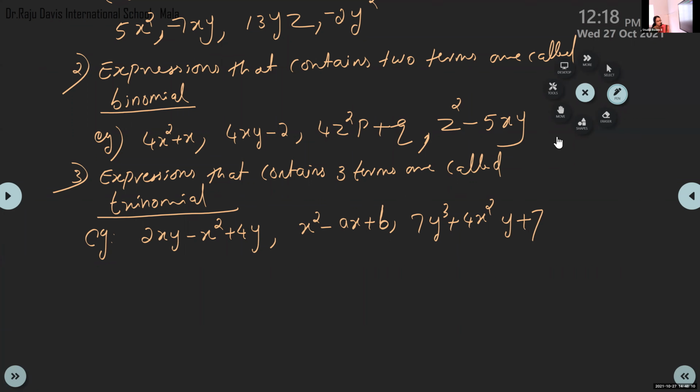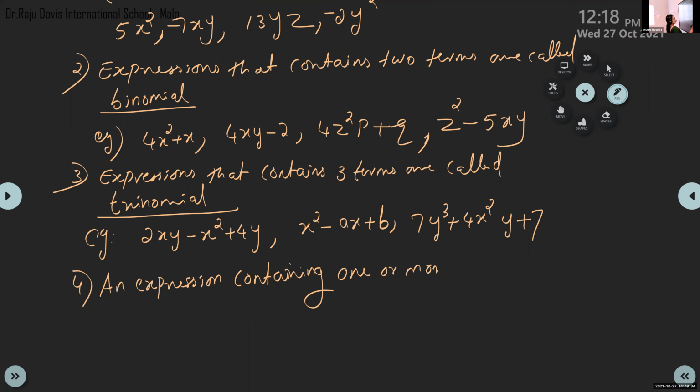Okay, next, an expression containing one or more terms, in general, monomial, binomial, trinomial, one term, two terms, three terms.